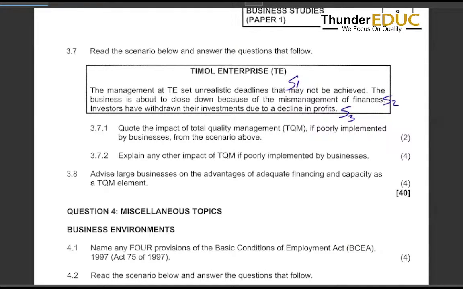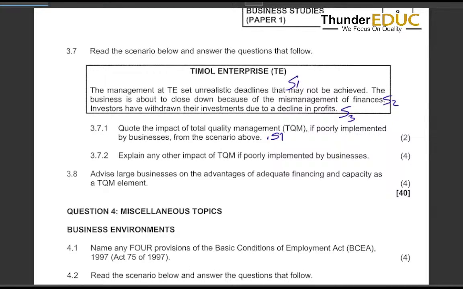So now the question, which is 3.7.1, says quote the impact of total quality management if poorly implemented by businesses from the scenario above. If we check here, our appropriate answer in this regard is going to be sentence 1. Sentence 1 reads as follows: the management at Timol Enterprise set unrealistic deadlines that may not be achieved.